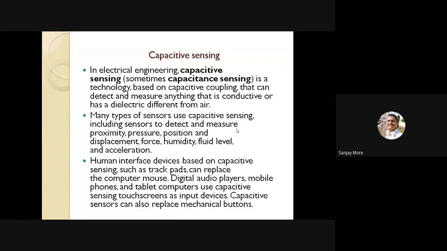For example, trackpads replace the computer mouse, and digital audio players, mobile phones, and tablet computers use capacitive sensing touchscreens.